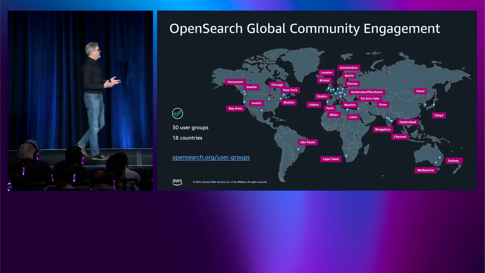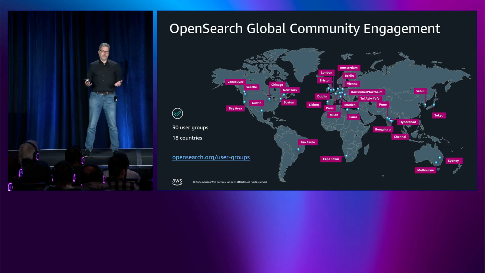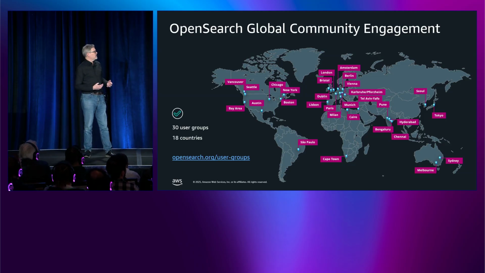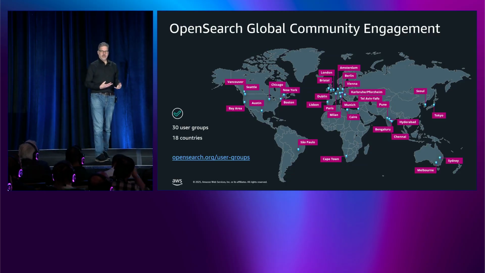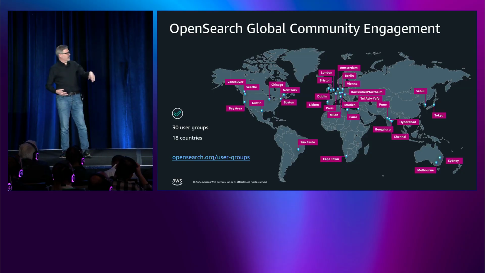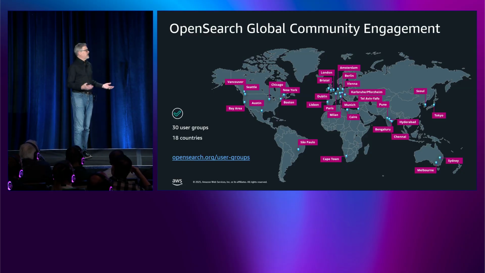As evidenced, user communities have spread up across the globe. If you're in any of these dots, you can look up and find the user community, and you can go to local events and participate with the other folks that are interested in OpenSearch. If there's not a dot there, talk to us. We can help you set up a user conference. It's really exciting to see this community growing.